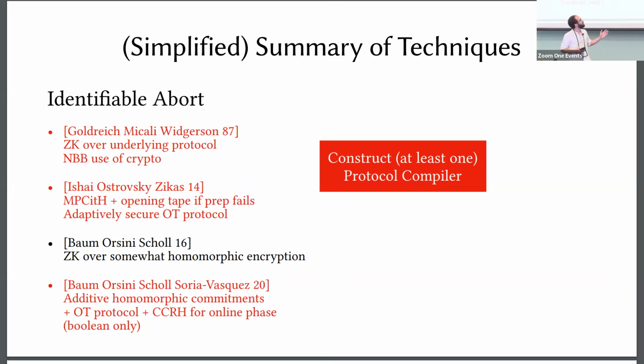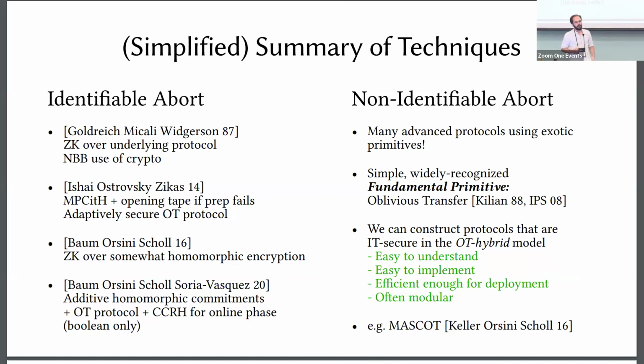By comparison, if we look at the non-identifiable abort world, we do have protocols like the ones on the left that use exotic primitives and are compiler-oriented and get a lot of efficiency, maybe concrete, maybe asymptotic. But we also have another pathway. We have a simple, well-recognized fundamental primitive for multi-party computation, which is oblivious transfer.